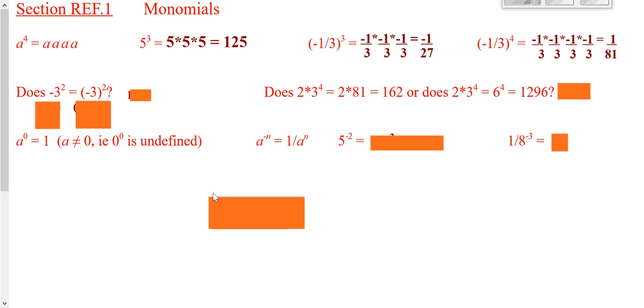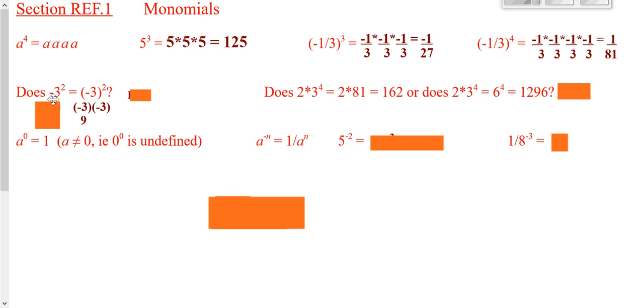Now, I do have a question for you. Does negative 3 squared in parentheses on the right equal the negative 3 squared on the left? Well, on the right, that squared applies to the whole parentheses, so it means negative 3 times negative 3, which would be a positive 9.